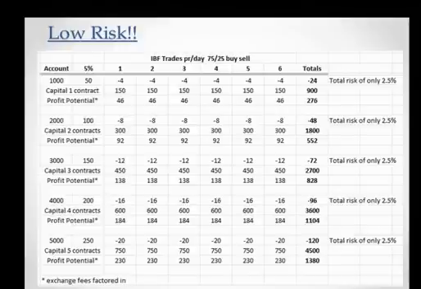And you should be targeting to grow your account by 5%. So, basically, on a $1,000 account, $50 is 5%. So you're trying to gain $50, and you don't want to risk any more than $50.